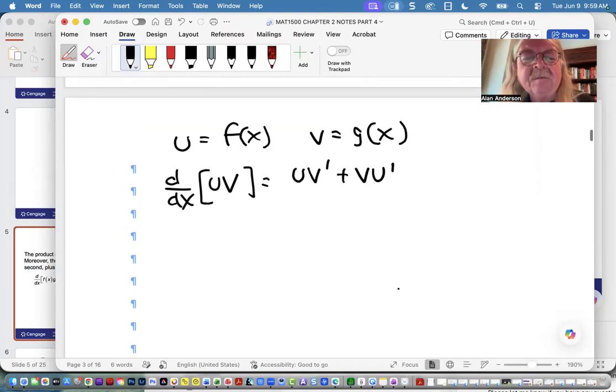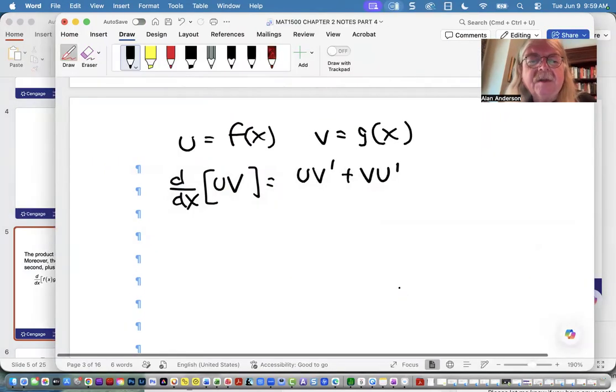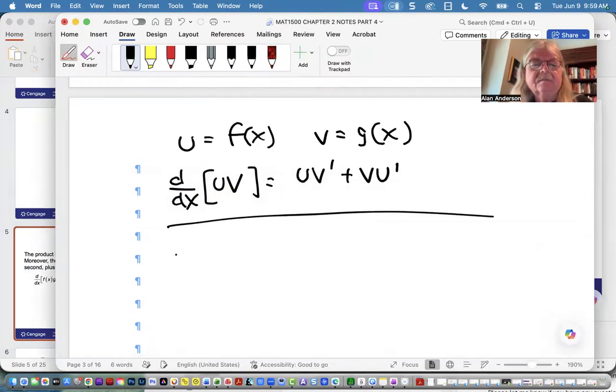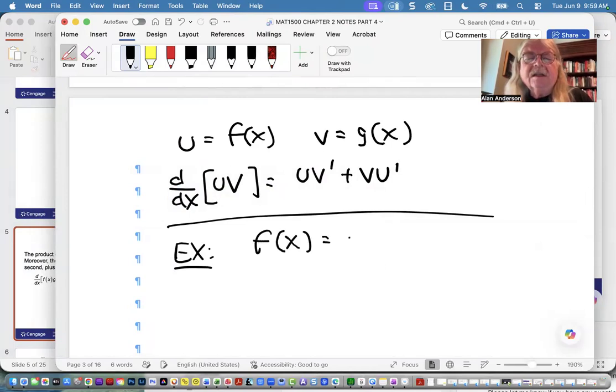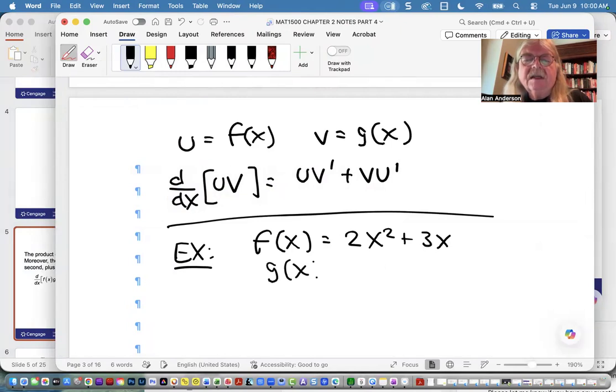Now, let's do an example. I'll make up my own. I don't want it to get too messy. No, that's too messy. Let's try this. And then g of x can be, let's say, 4x plus 2.